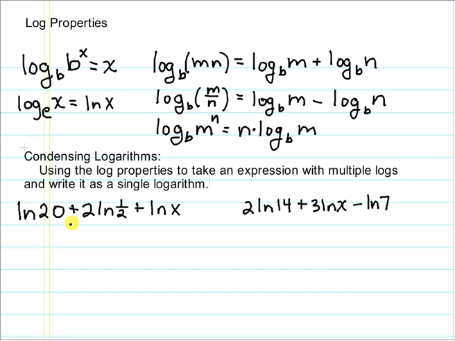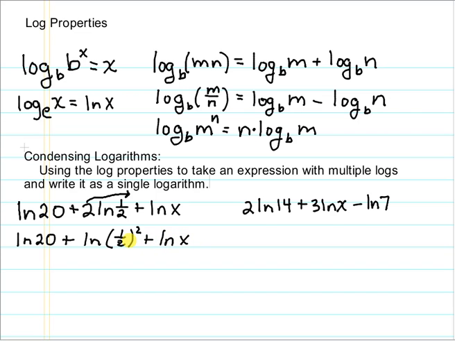So we're going to work left to right on this. Well, actually, first thing we always want to do is if we have a multiplier, we want to turn that into an exponent. So using this property here, that n becomes an exponent. So let's rewrite step by step here. So ln of 20 plus ln of 1/2 squared plus ln of x.